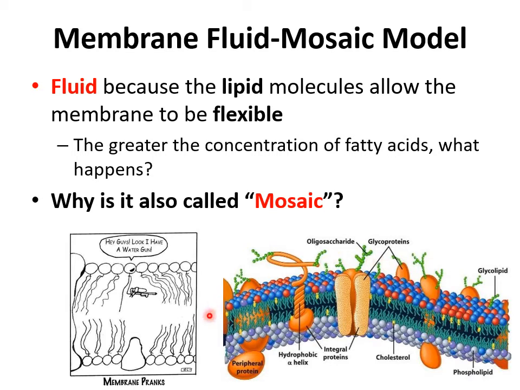So it's fluid because the fatty acid lipids make it flexible, and it's mosaic because it has proteins and additional lipids, even sugars, so carbs here, scattered throughout it. Okay, nice mixture.